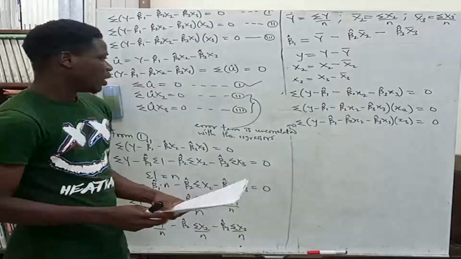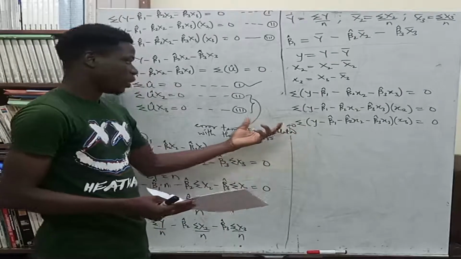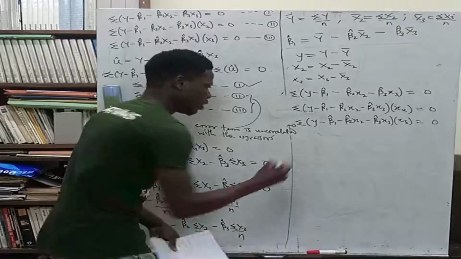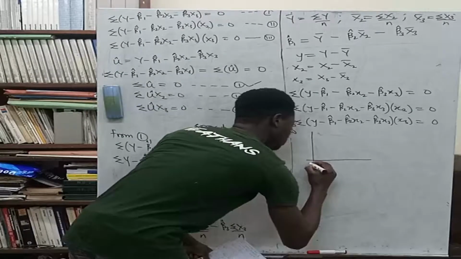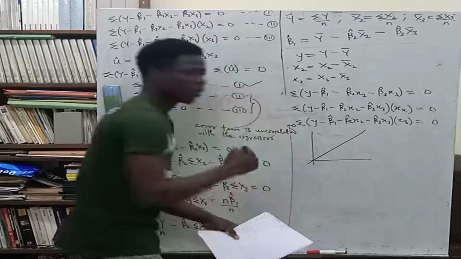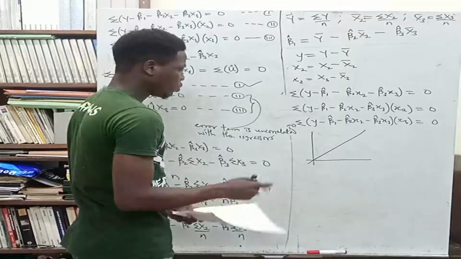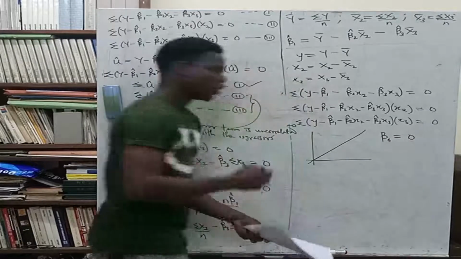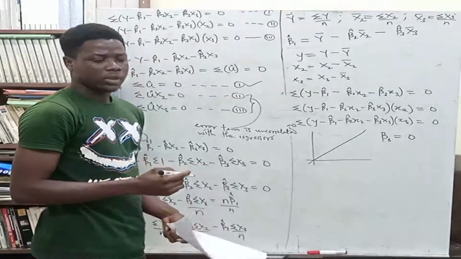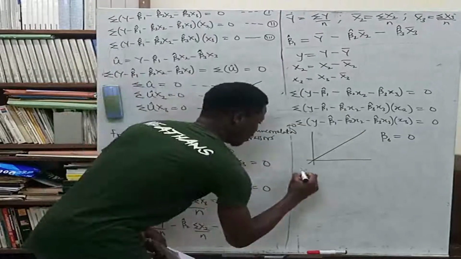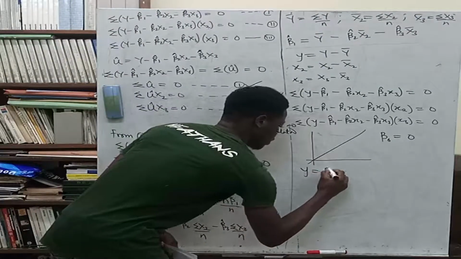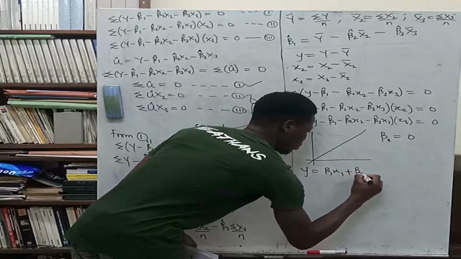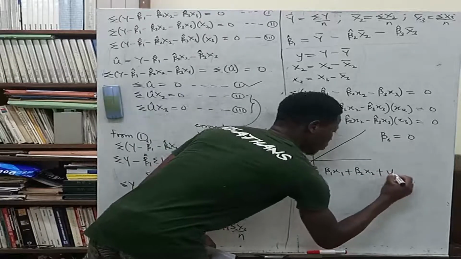And to do this now, we are going to be working with an assumption: that we are dealing with a regression line that passes through the origin. If it passes through the origin, that means our beta naught, which is our intercept, will be equal to 0. In that case, we're going to have y equals beta 1 x1 plus beta 2 x2 plus u.